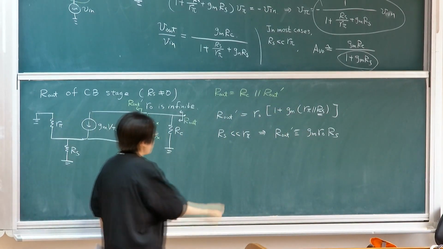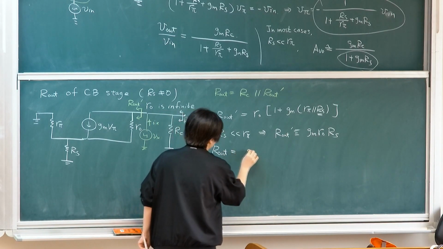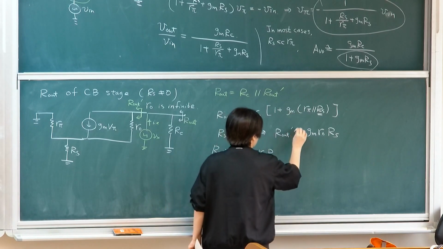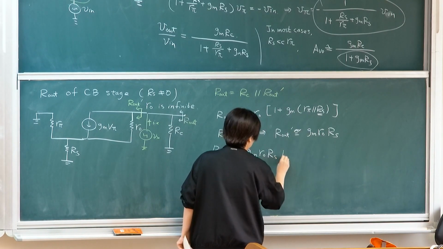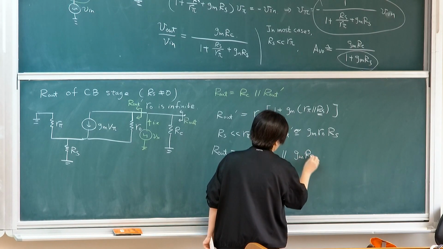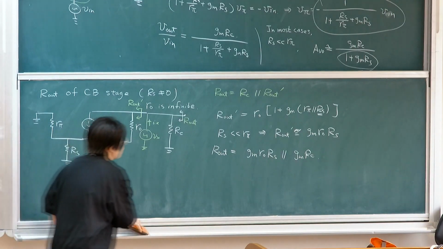Okay? So your overall output resistance will become gm RO RS in parallel with RC.